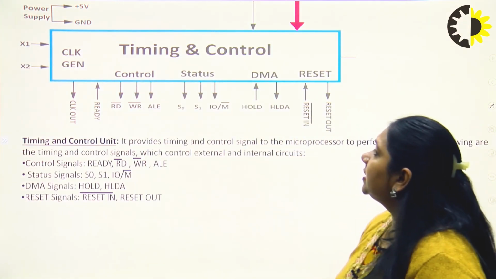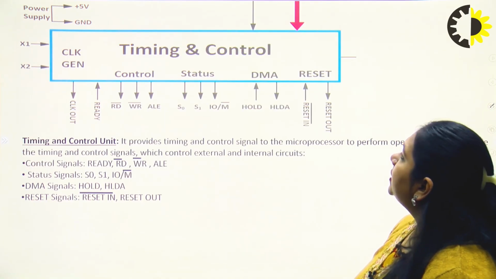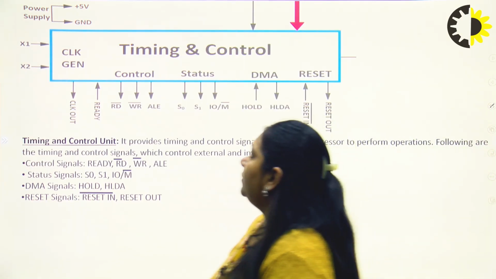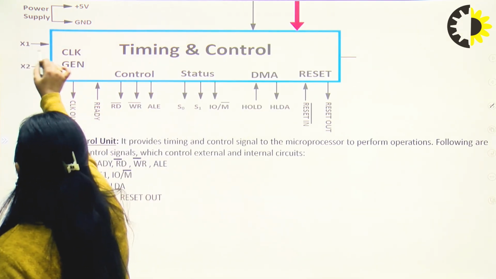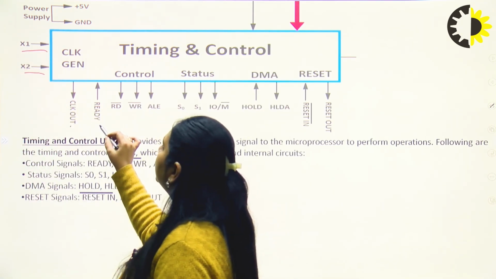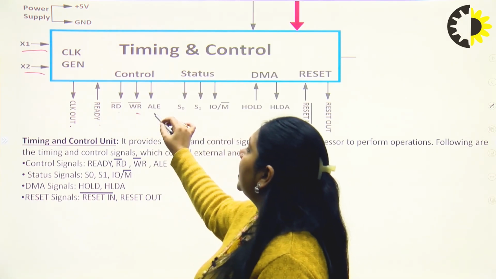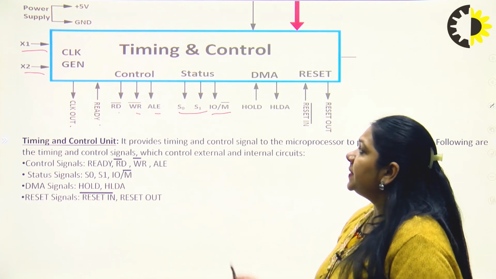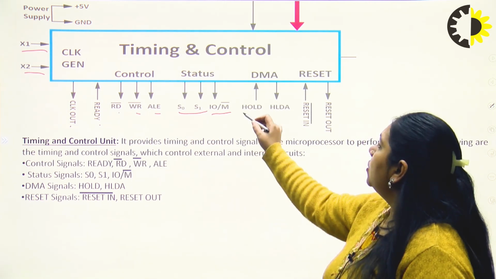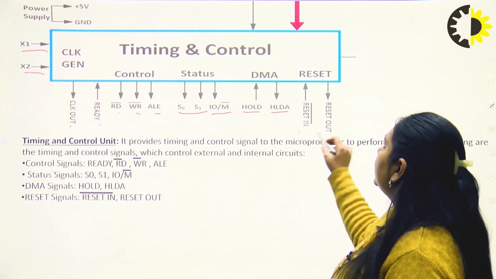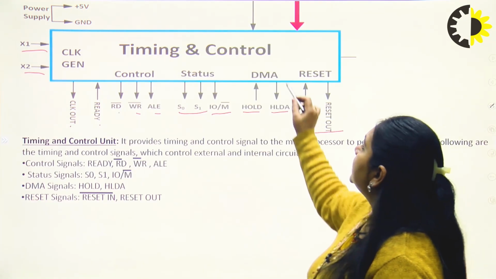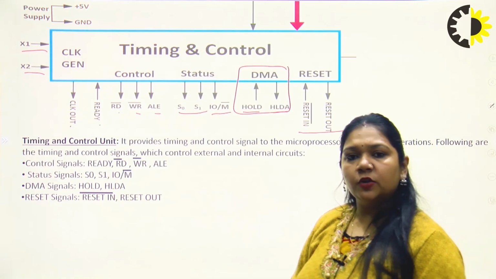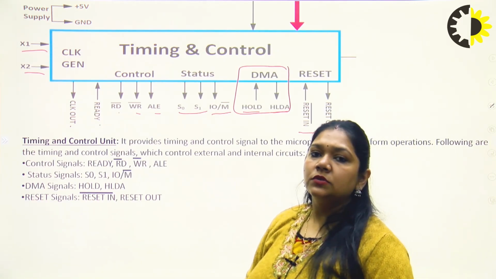So this is the timing and control unit. Timing and control unit is having multiple pins here. We can see X1, X2 are frequency generating pins. Clock out, ready, write, read bar, write bar. ALE is address latch enable. S0, S1 and IO/M bar are status signals. Hold pin, hold acknowledgement. Reset in, reset out. These 2 pins are used for DMA control. When DMA wants to interface with the microprocessor, these pins are used in that case.